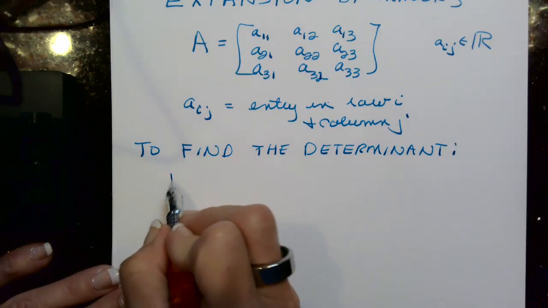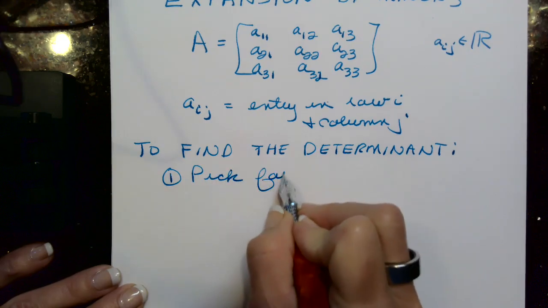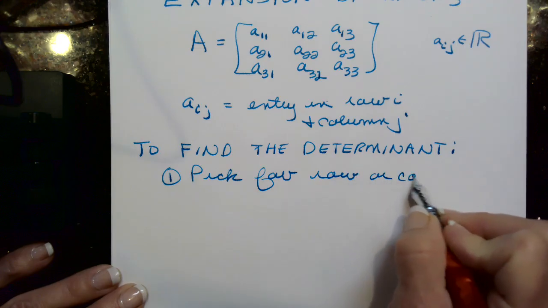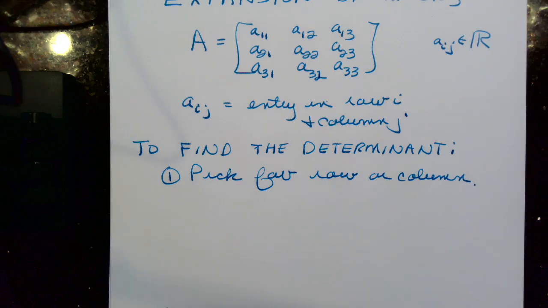Okay, so to find the determinant, pick your favorite row or column. It really doesn't matter which one you pick as long as you remember to alternate signs.